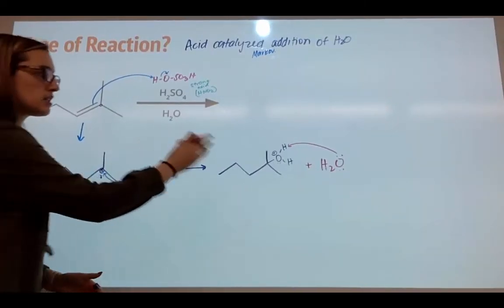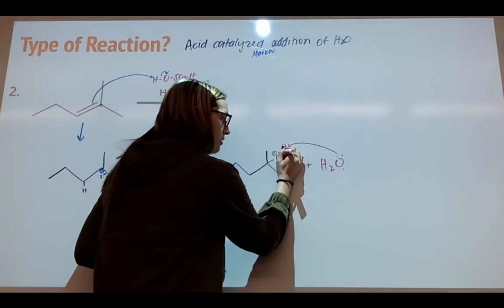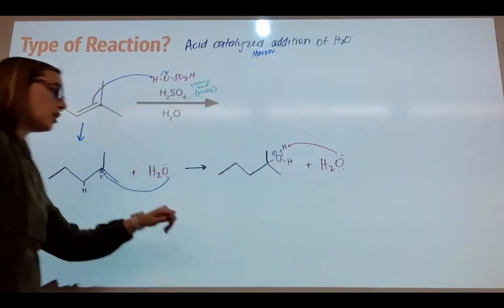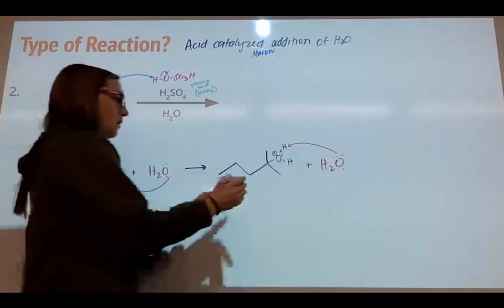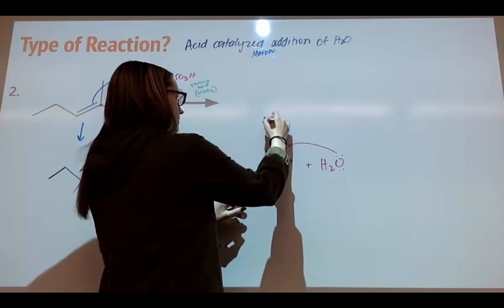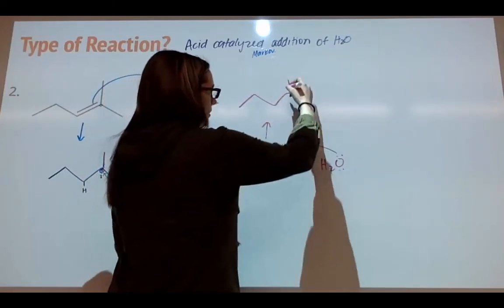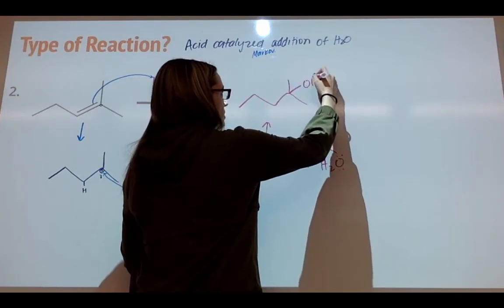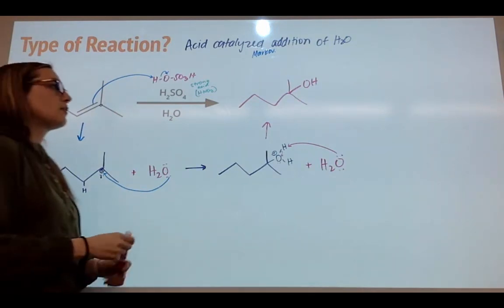It doesn't matter, just like it doesn't matter which lone pair you pick. But then these lone pairs are going to go back to the oxygen. And when it goes back to the oxygen, now we just have this OH group. And then another side product is H3O+, but we are not concerned about these side products that we get.